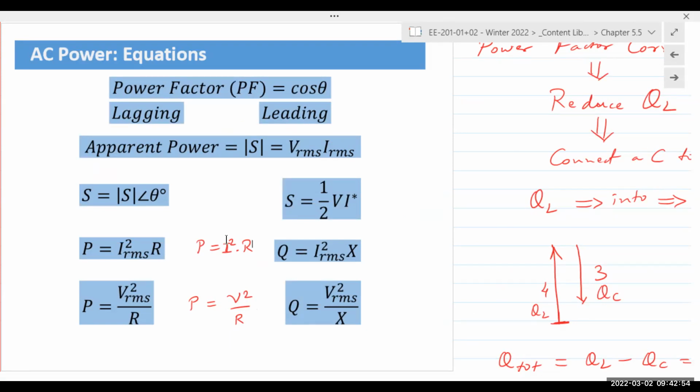The reactive power Q has to do with the reactance, so that R is substituted with an X. And that X represents the reactance of either that inductor or that capacitor. Okay, the form of the equation is exactly the same. No other difference. Except now it is reactance X.